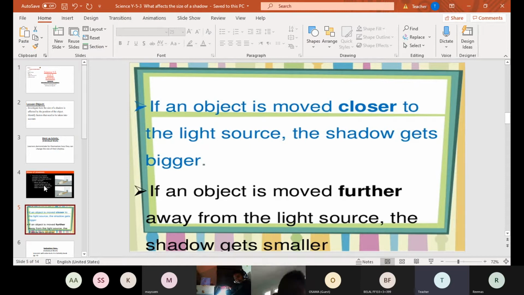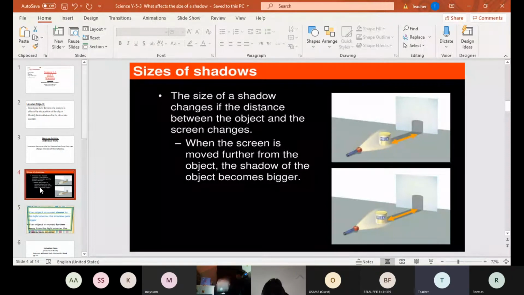The distance between my hand and the wall is 2 meters, I think. So what happened? When you move away, you get a bigger shadow. Look, here in the picture, they said when I put the screen near to the object, the size of the shadow is changed.